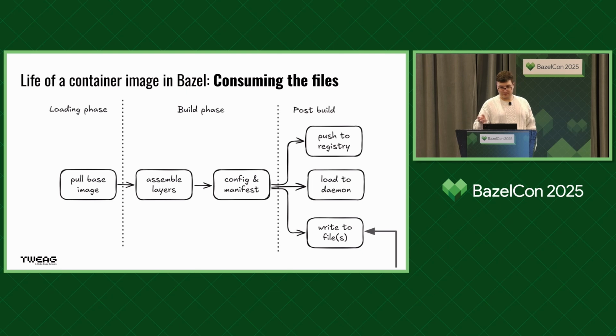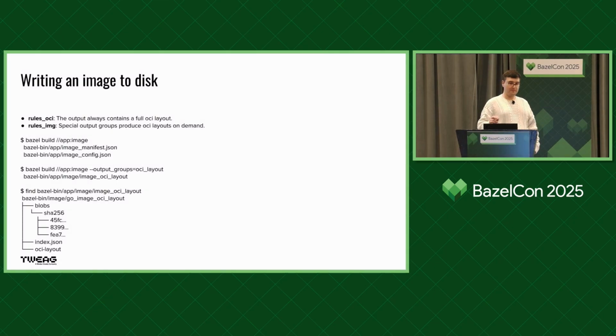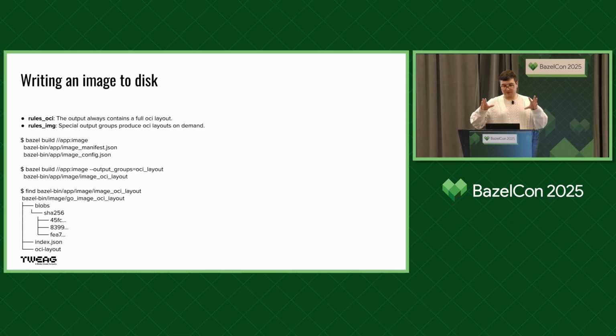Now there's one last way you can consume a container image. You can just use the files of the image directly. For rules OCI, the output of a container image rule is always a tree artifact with all of the blobs. So it's pretty straightforward to consume the image just from this output. For rules IMG, we don't do that by default because we want to be more efficient.